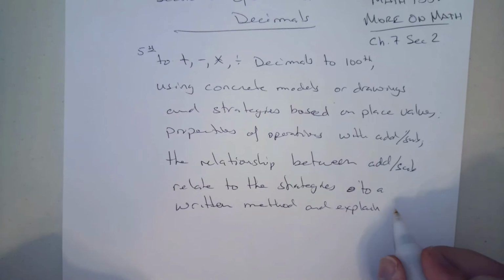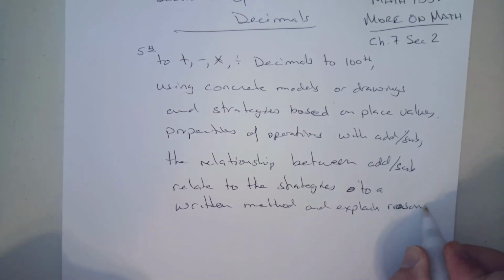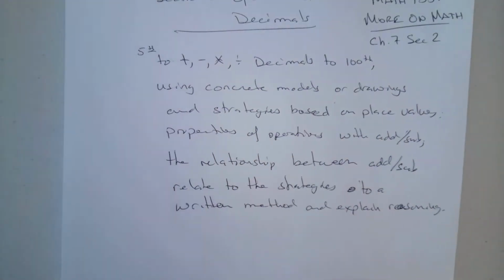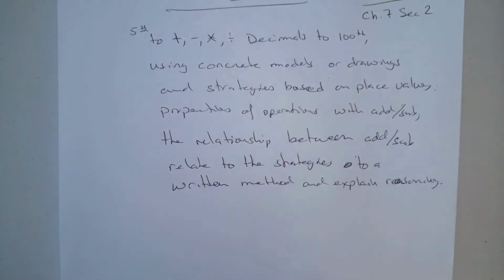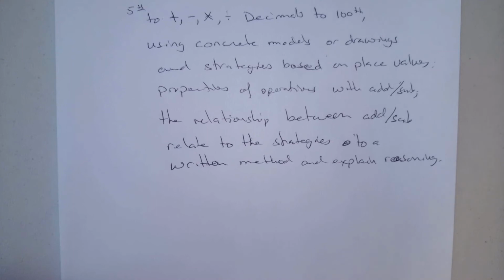And explain the reasoning. First, they have to be able to prove why they did what they did, adding, subtracting, multiplying, and dividing decimals.